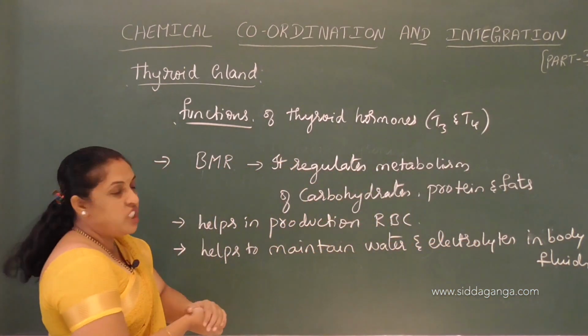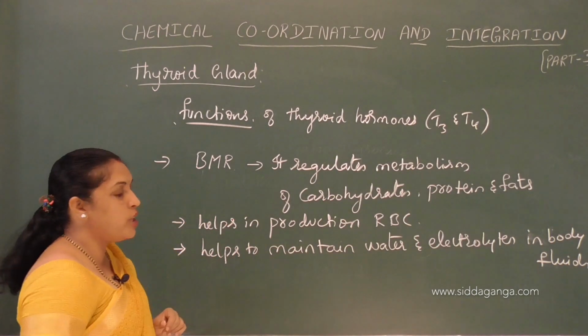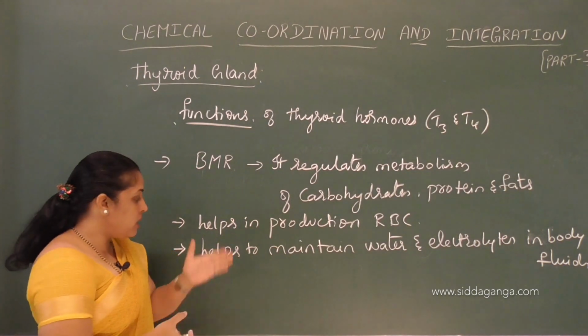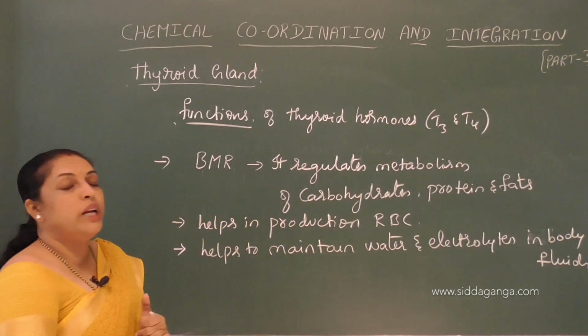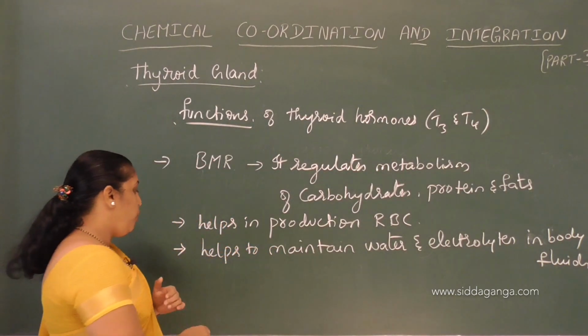Thyroid hormones T3 and T4 mainly regulate metabolism of carbohydrates, proteins and fats, help in the production of red blood cells, and help to maintain water and electrolyte balance in body fluids.